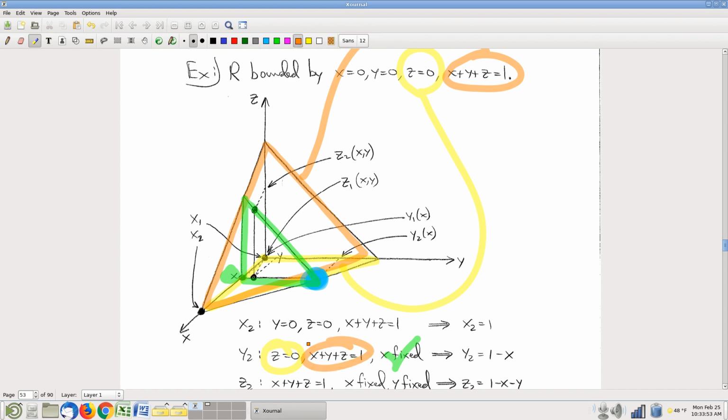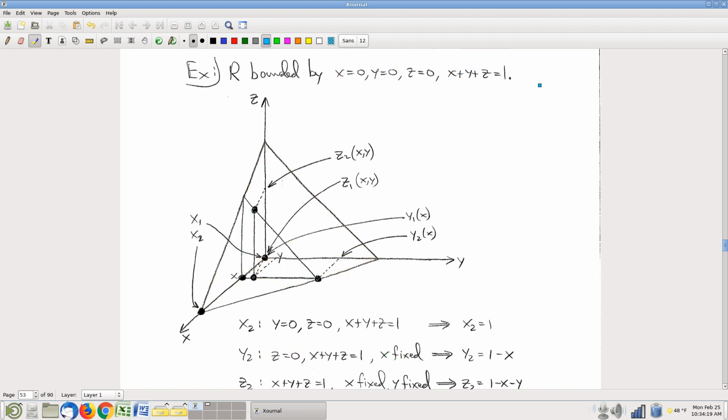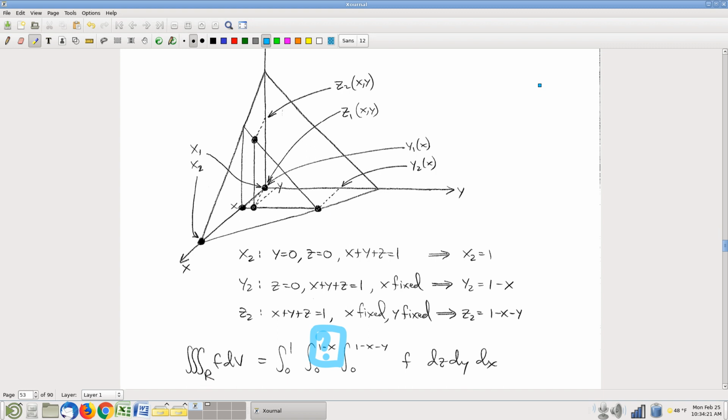So when we solve here, solving for y, our y ends up being a function of x, and that's okay because x is fixed. And we've chosen an x, and this y depends on that x. Just like with double integrals.